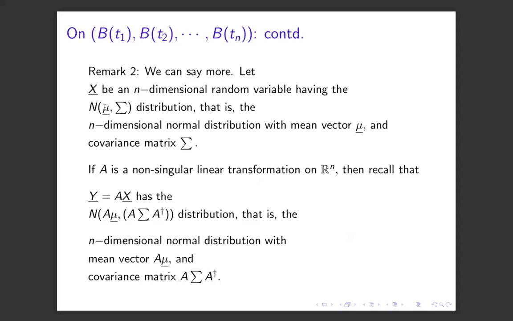For that distribution, the mean vector would be A applied to mu, and the covariance matrix is A multiplied with sigma multiplied with the transpose of A. If sigma is positive definite and A is non-singular, one can show that this is again positive definite.